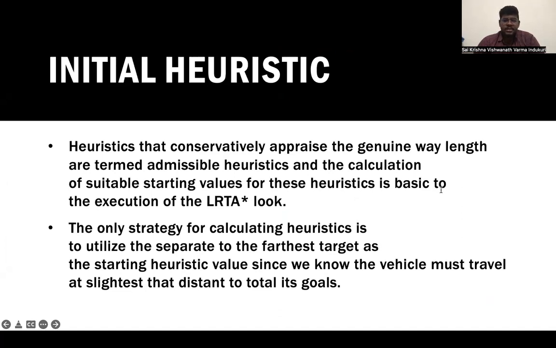The reason for the requirement is simple. If a node on the optimal path overestimates the distance to the goal, the search may never move to that node and consequently never find the optimal path. Heuristics that constantly underestimate the true distance are termed admissible heuristics, and the calculation of suitable starting values of these heuristics is critical to the performance of the LRTA* search.